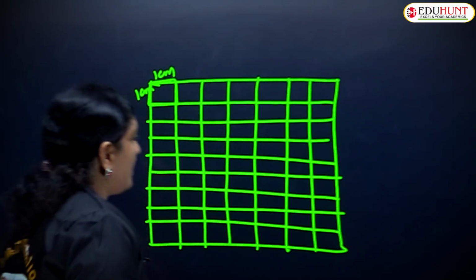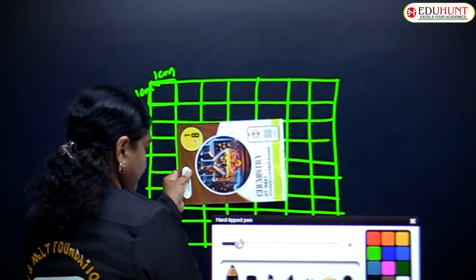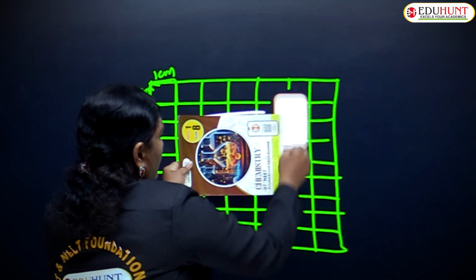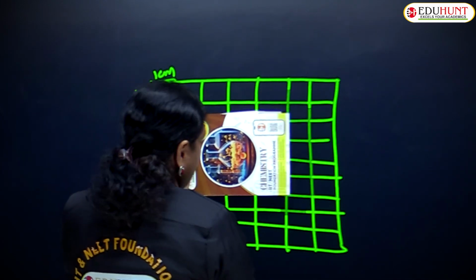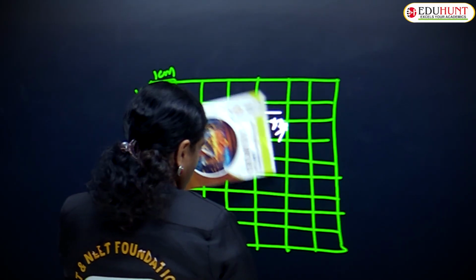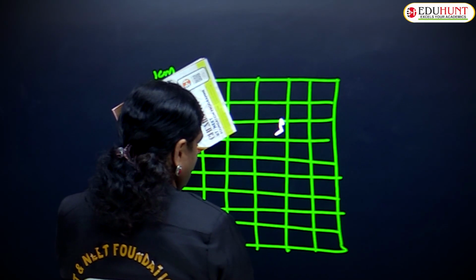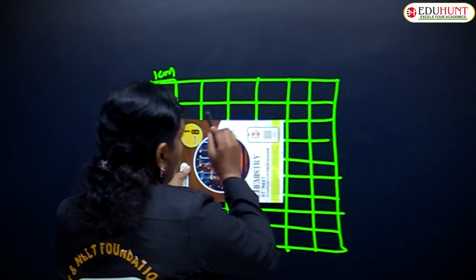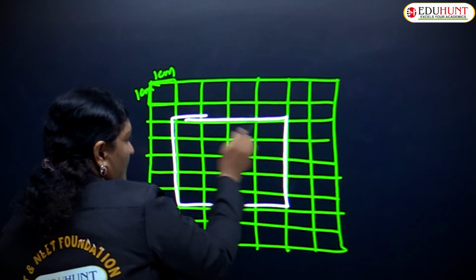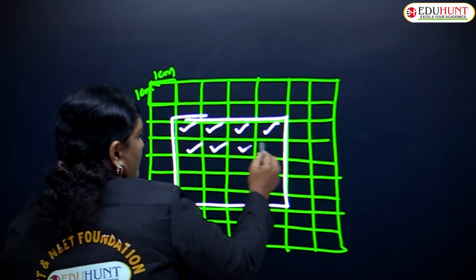Suppose any regular object is there, just plot the border line of this object and count the number of squares present inside it.